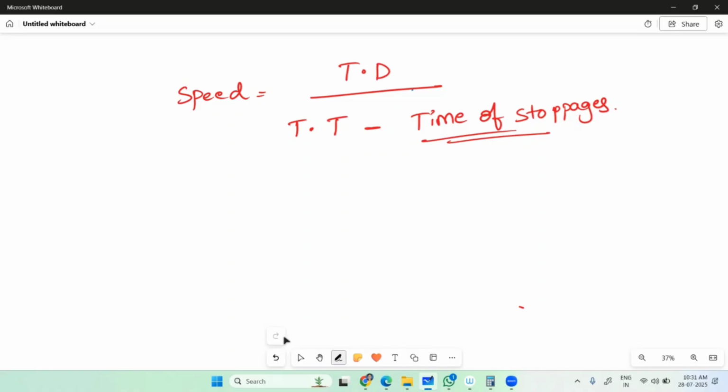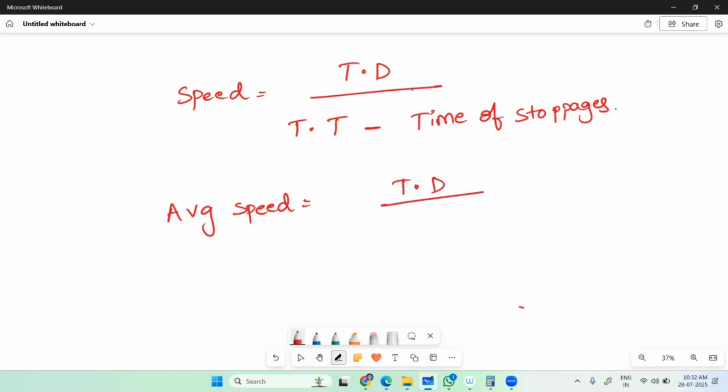What is the meaning of time of stoppages? When we take a break in the middle of the journey, that time will not be included in calculating speed.